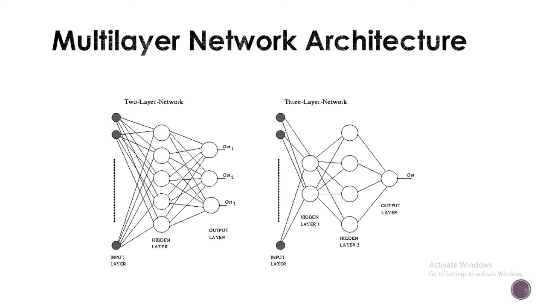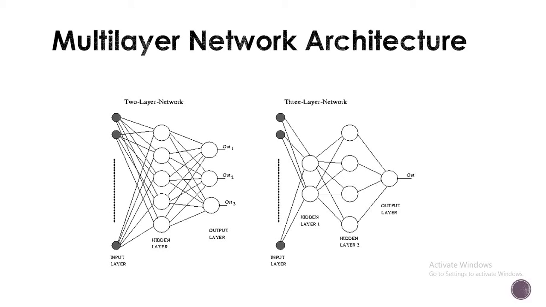Now we are looking into the second picture, the three-layer network. The inputs come through the input layer, and the activation functions work in the hidden layers. There is a specialty for the hidden layers. There are two hidden layers, hidden layer 1 and hidden layer 2, and we get the output through the output layer.